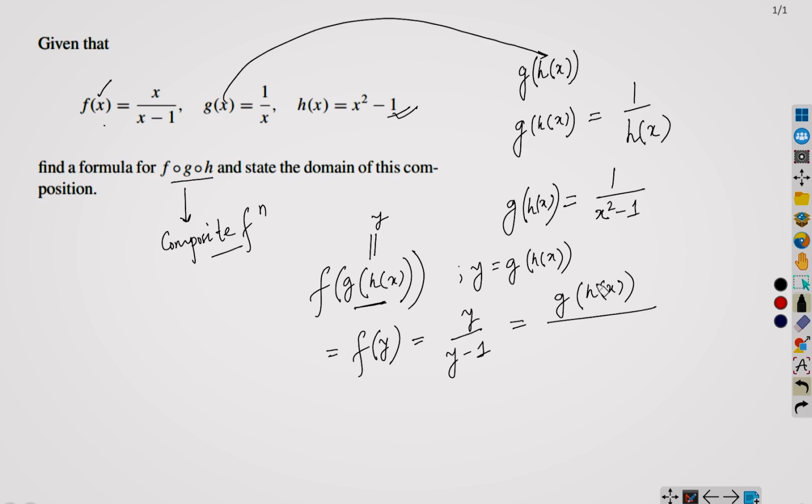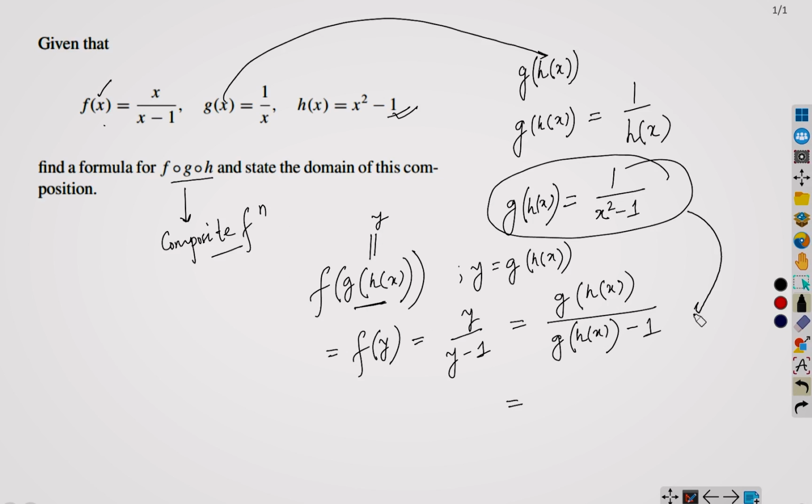Therefore substituting the value of y, we obtain g of h(x) by g of h(x) minus 1. Now our g of h(x) is from here, so it's simple, just substituting the value once again: g of h(x) equals 1 by x square minus 1.